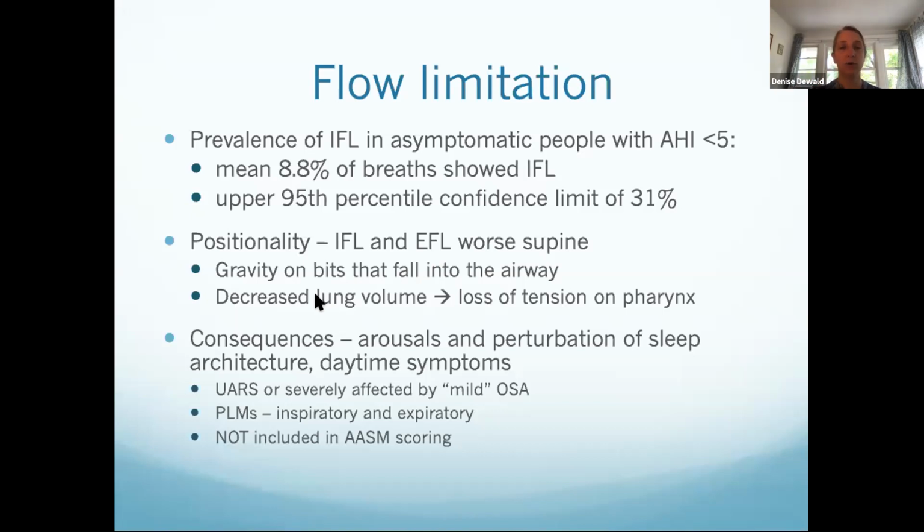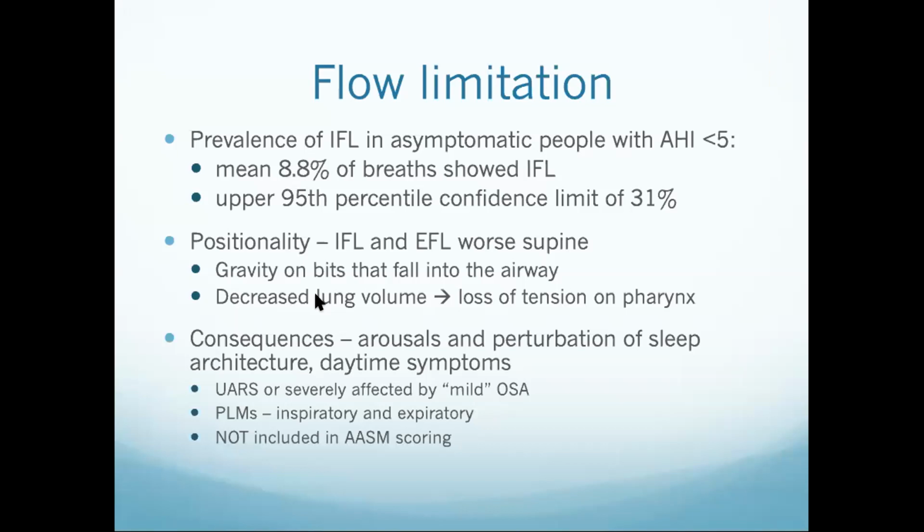And with a larger lung volume, you end up having tension on your pharynx. So your pharynx is attached to the base of your skull and your jaw. There's no connection anywhere else. So the lung is creating tension on your pharynx. Do you guys get that? Yes.